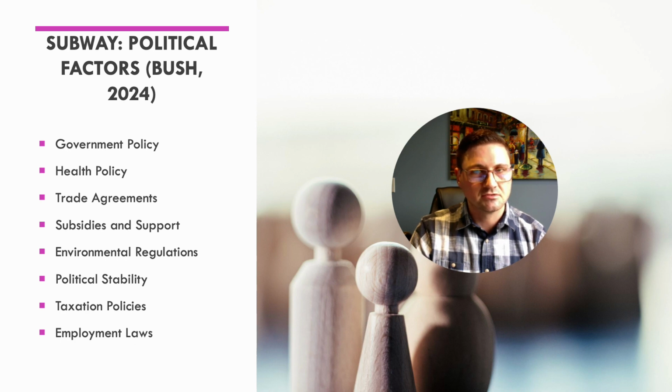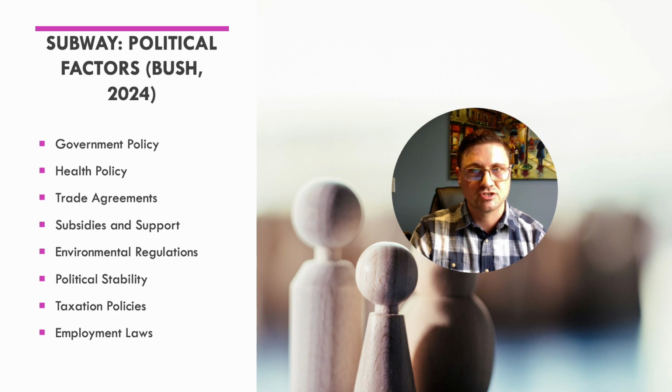Then we have political stability, which is basically the current state of the government, as political unrest can have deeper impacts regarding supply chain, farming production, and access to the market.